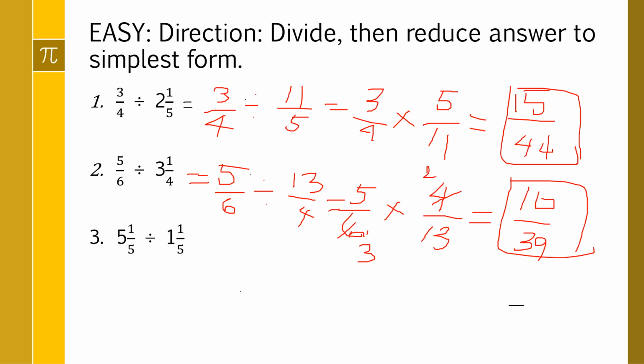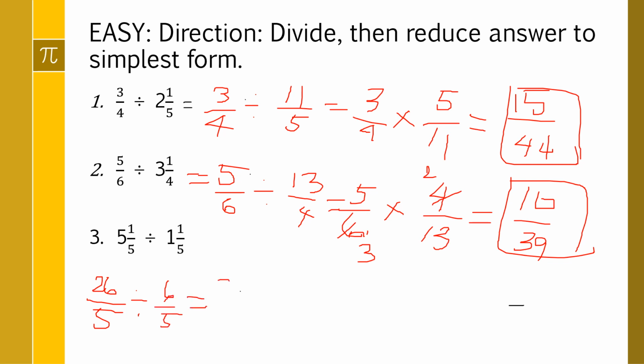Next, we have 5 and 1/5 divided by 1 and 1/5. This time we need to transform each first into an improper fraction. 5 times 5 is 25 plus 1, 26 over 5, divided by 5 times 1 is 5 plus 1 is 6 over 5.